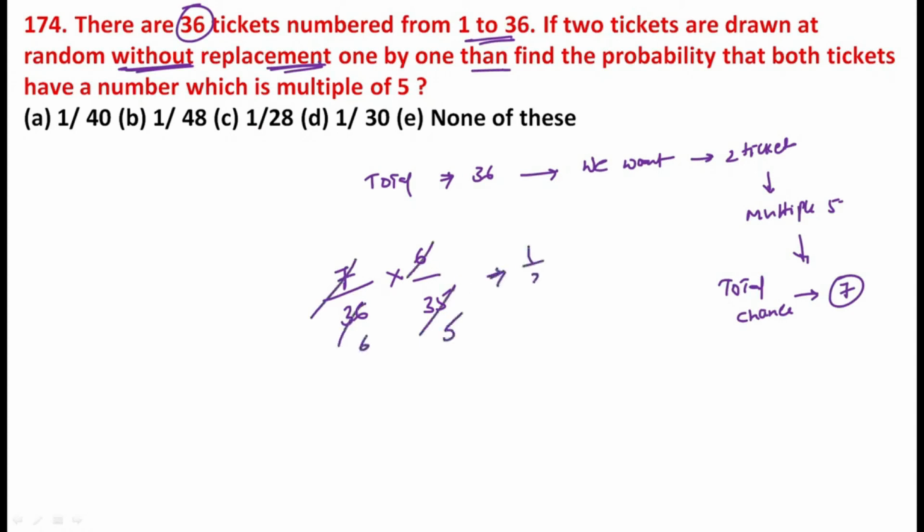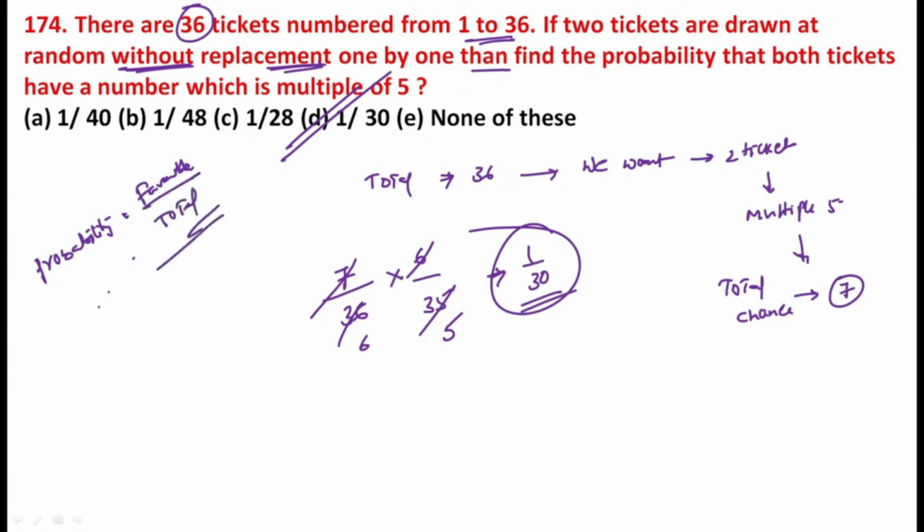The probability of taking two tickets from 1 to 36 that are both multiples of 5 is 1 by 30, which means out of 30 total possibilities we can get only one chance. Probability means we require favorable cases and total cases. So the probability is 1 by 30.